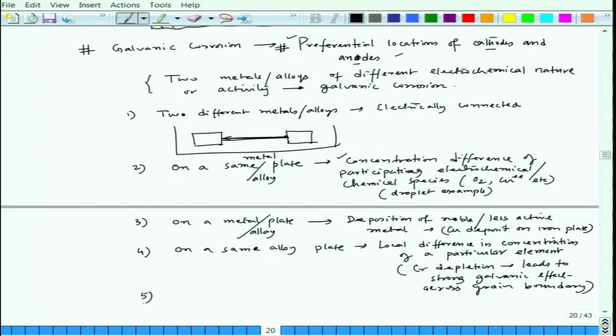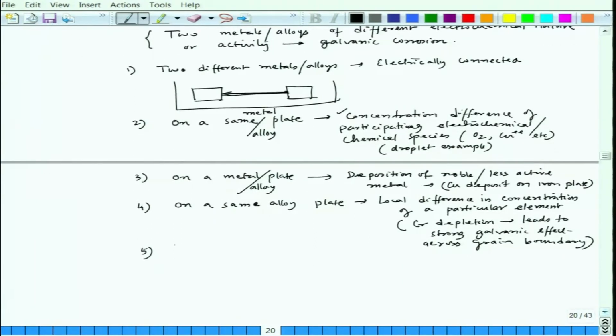There could be effect due to crevice, or rather on a same alloy or metal structure you can have crevice or pitting, that could also lead to a strong galvanic effect. We will see later.